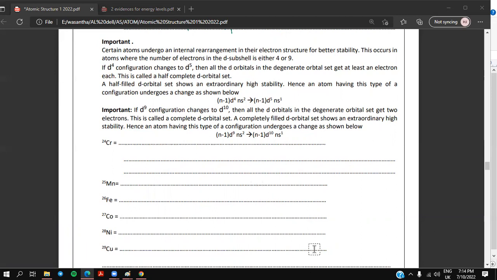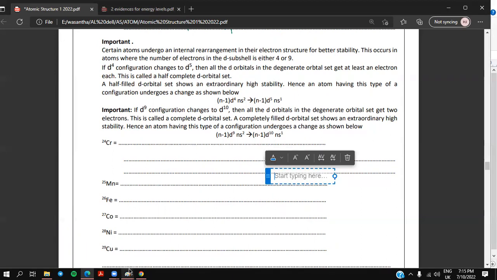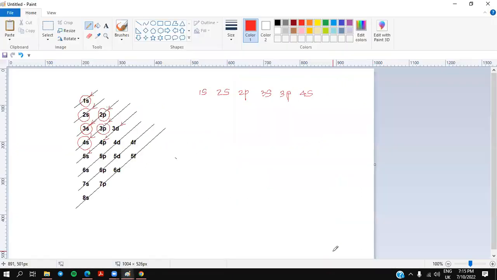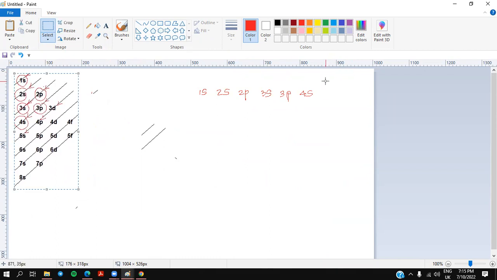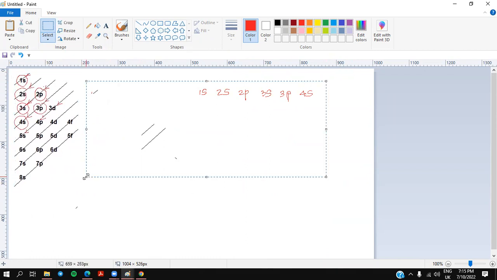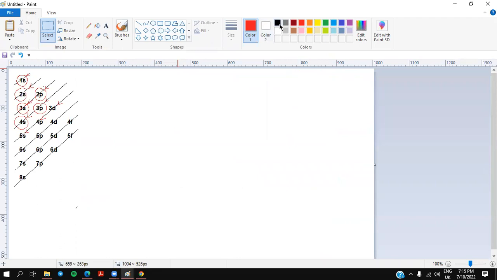What this note tells is this. When you write electronic configuration, there are some situations where you have to rethink several times before you come to a final conclusion. At this point, what we must remember is this.